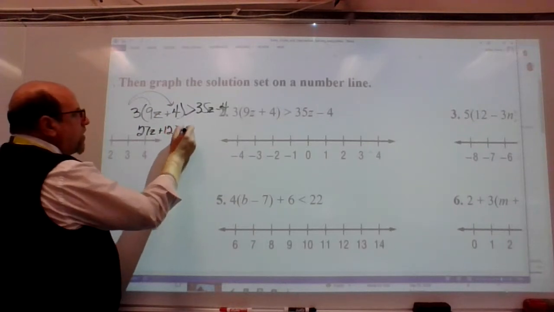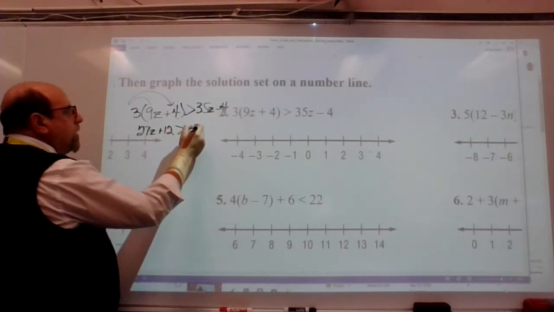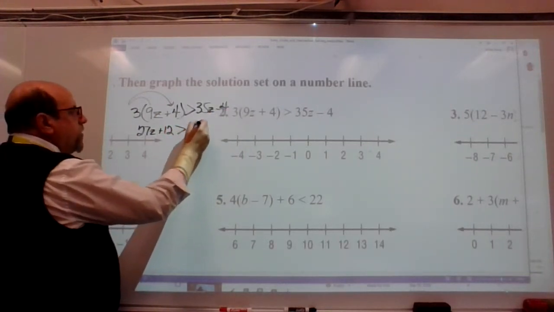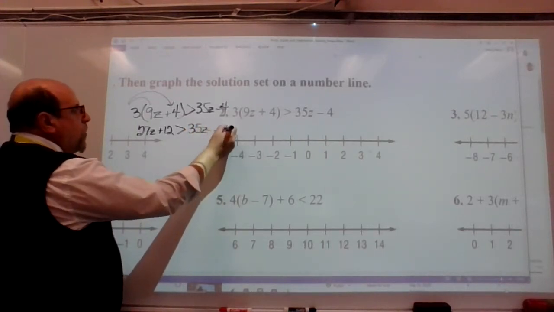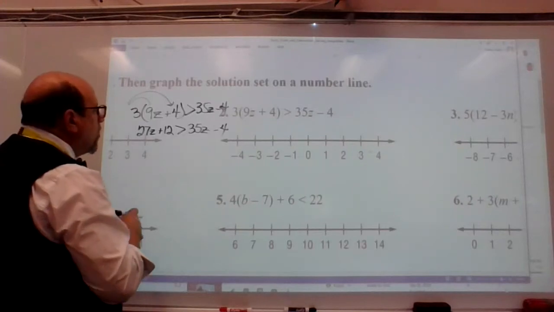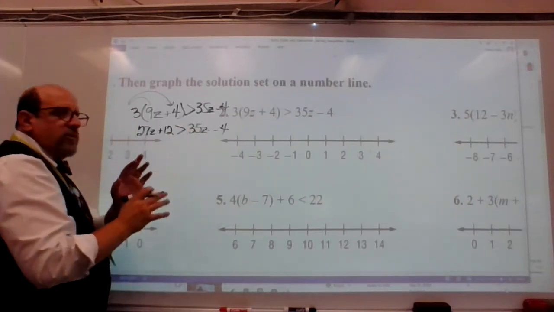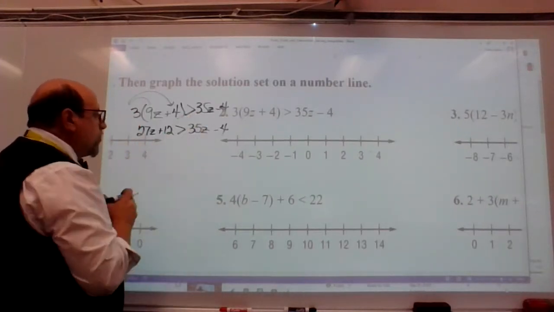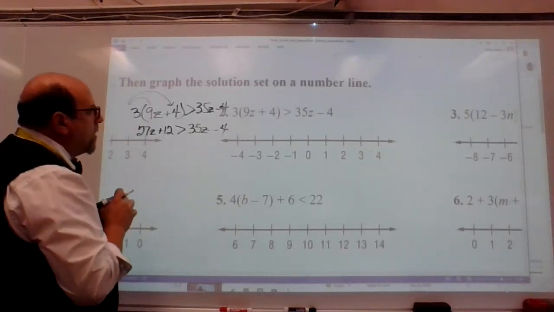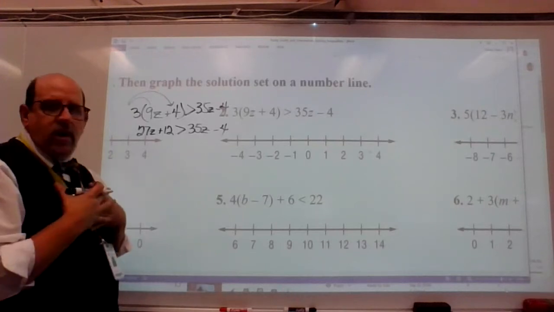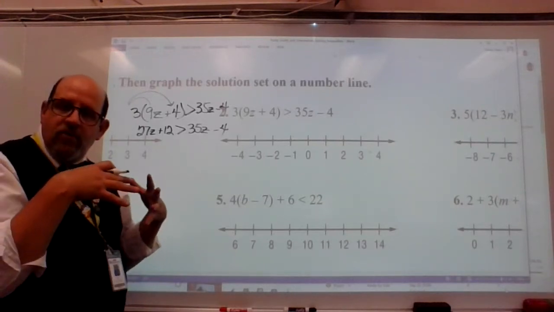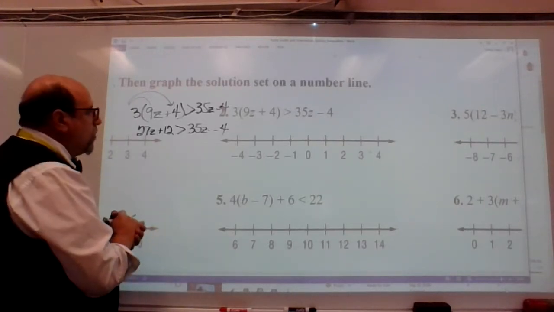I'm going to shift this over because I was running into something over here. Is equal to 35z minus 4. Okay, well, I've seen students do both pieces of work at the same time. I really personally like to have a positive variable value that I can work with.